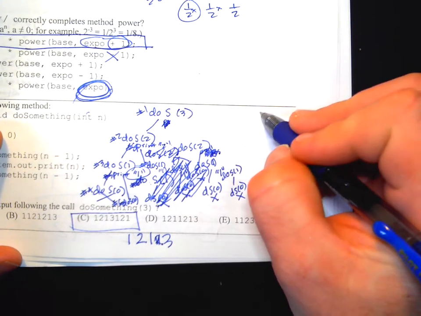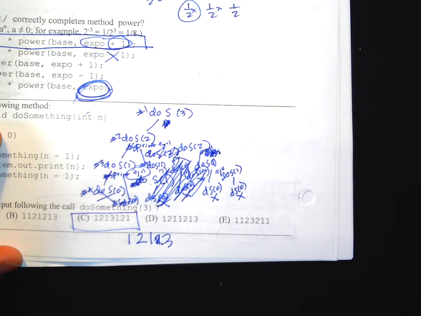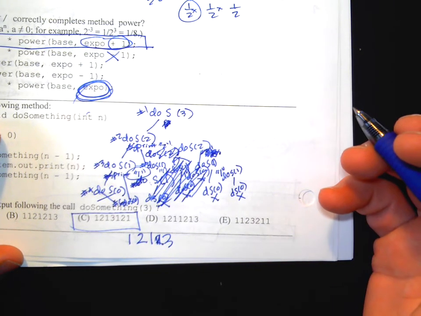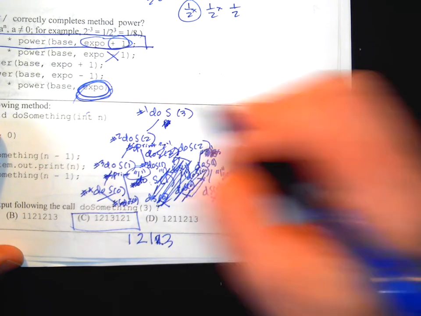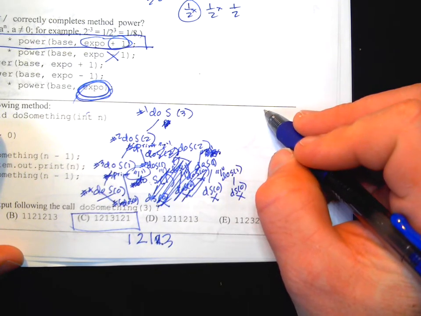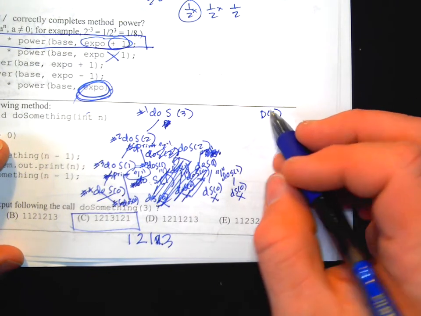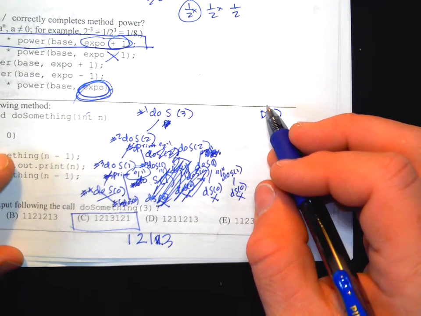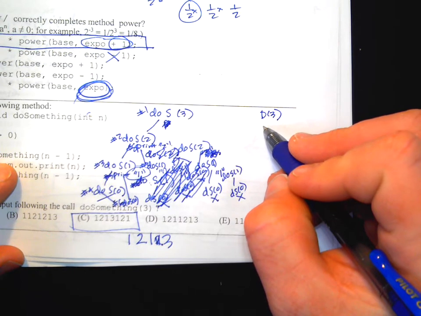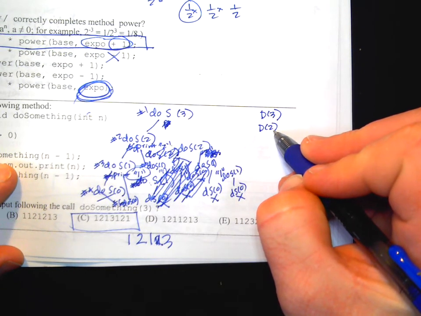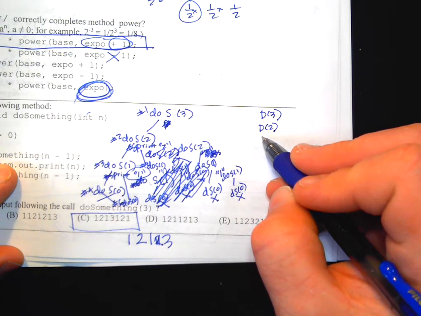Okay, so I'm gonna just use a capital D for the do something. So do something 3. This is kind of what the book does, or the answers do. Do something 3. It's bigger than 3. It calls do something 2, which eventually will do some other things.